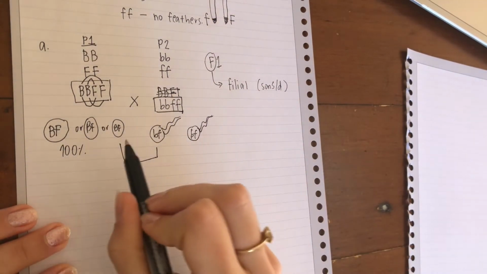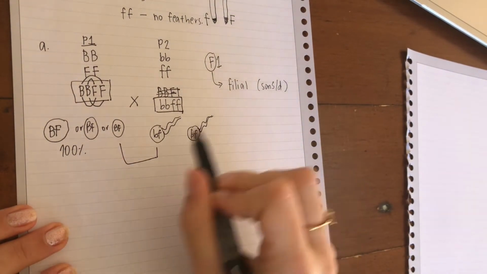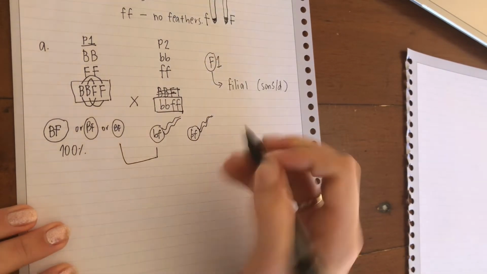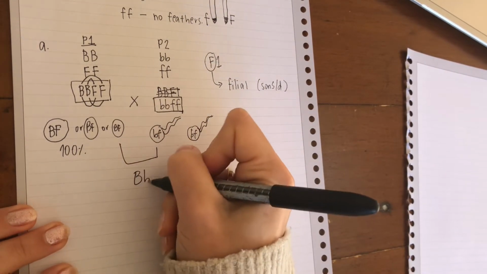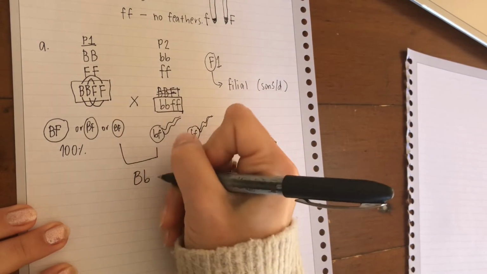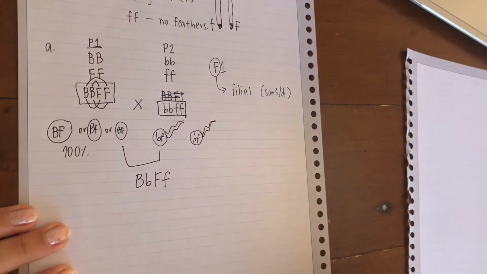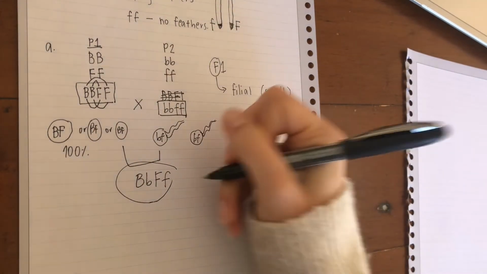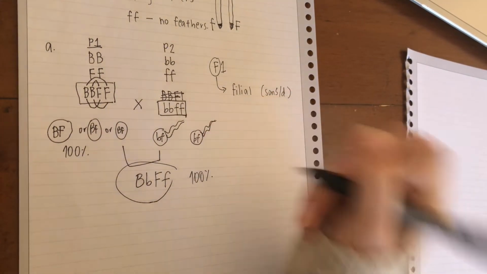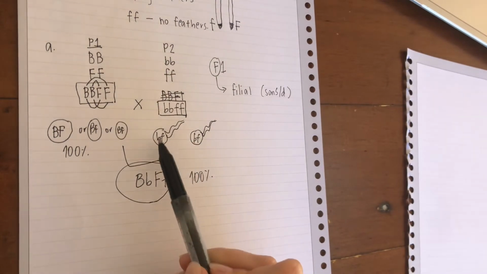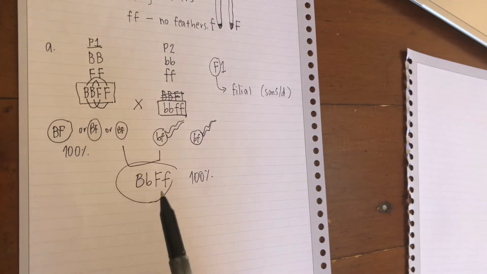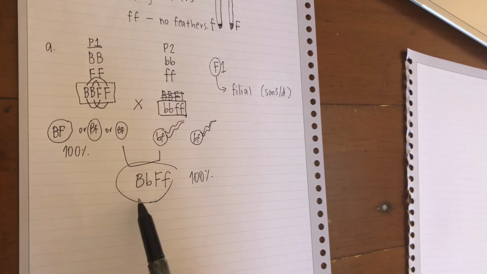Well, in every single fertilization event between gametes from this individual and gametes from this individual, we're going to have a big B, little b, and a big F, and a little f in every single zygote that results. So 100% of the baby pigeons made by these gametes will be heterozygous for both traits.